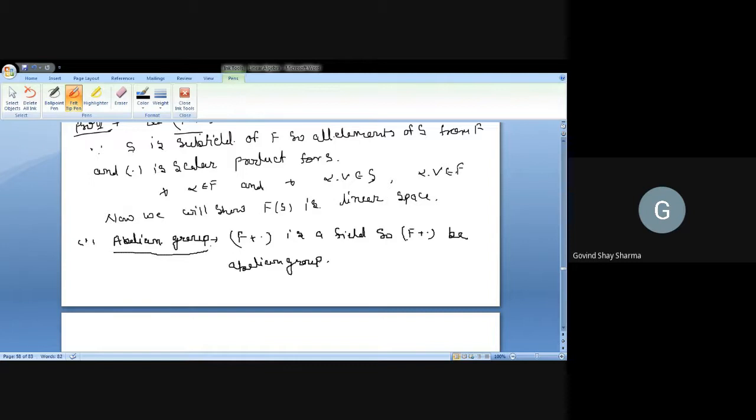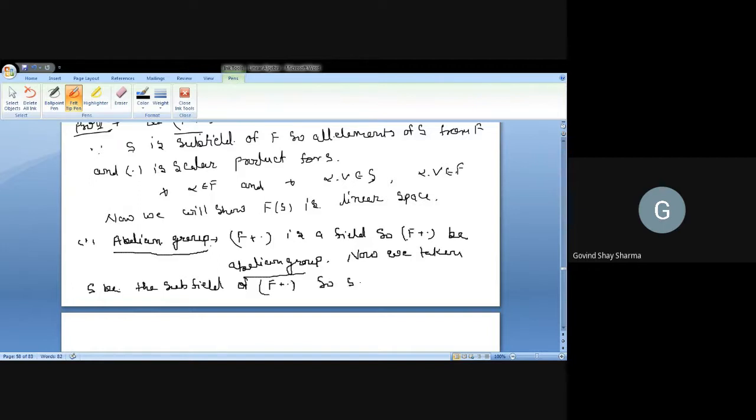So F plus dot is a field, so we can say that F plus is always an abelian group. Now S is a subfield of F plus dot.